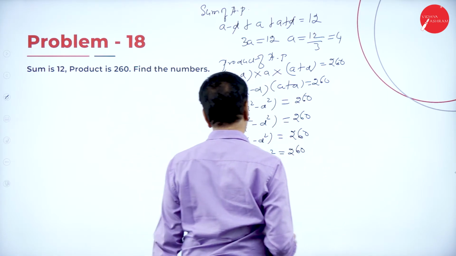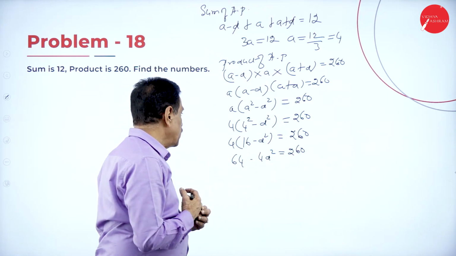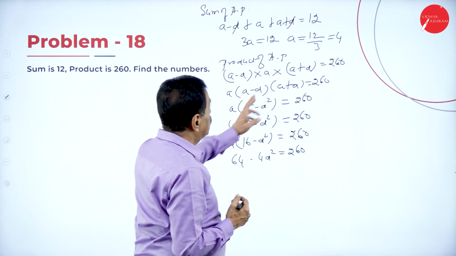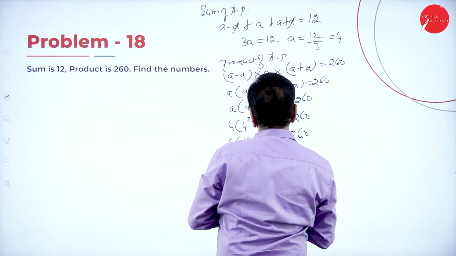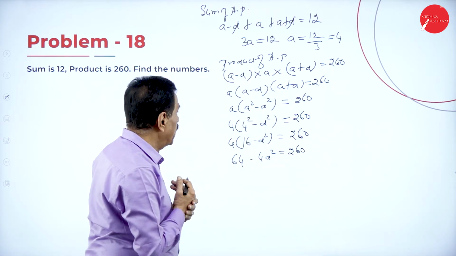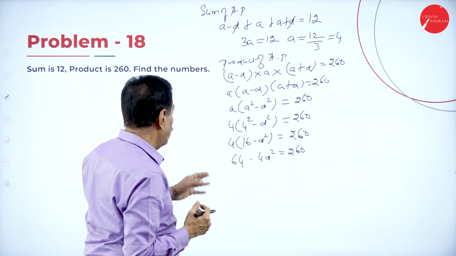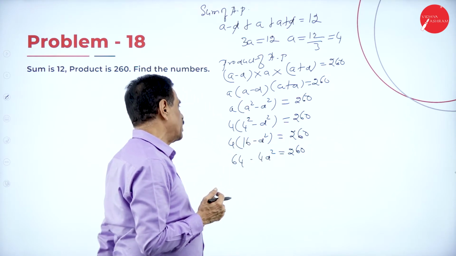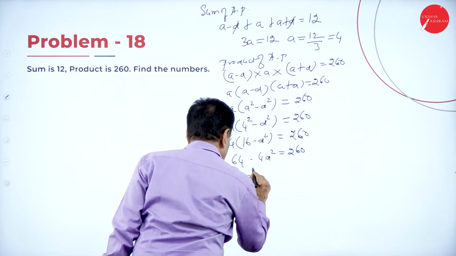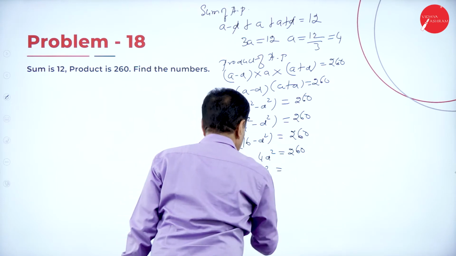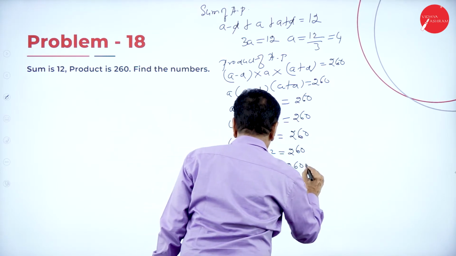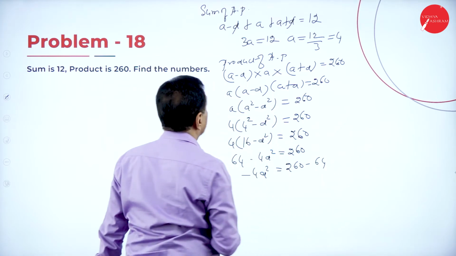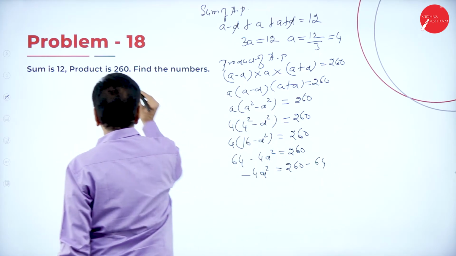A minus D into A plus D is A square minus D square. So 4 into 16 is 64 minus 4D square is 260. 260 minus 64. So this is minus 196.